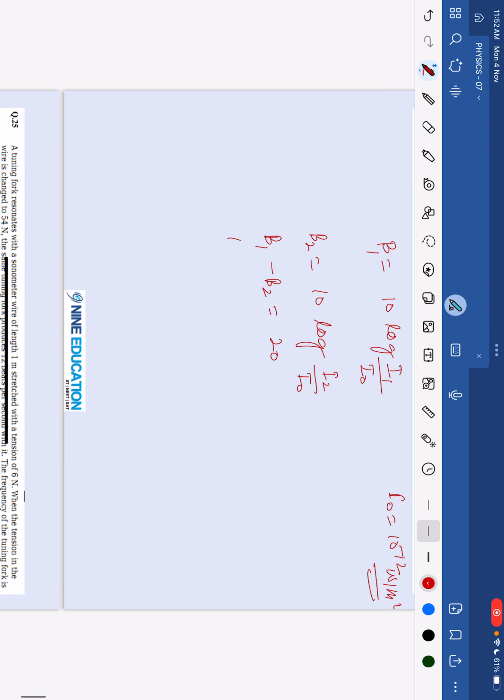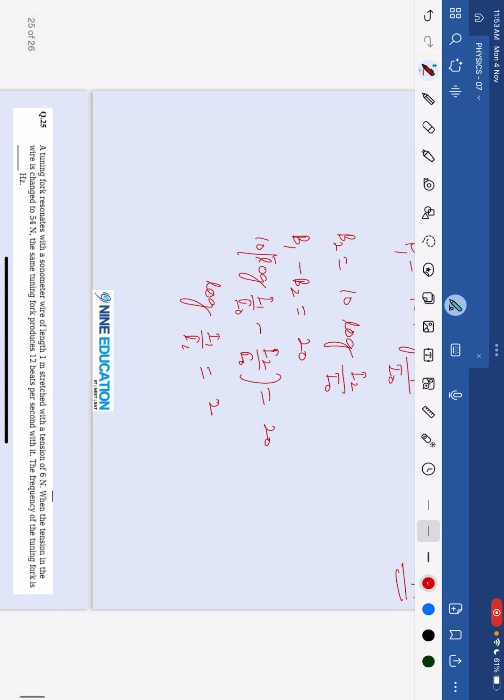So I am having here 10 log I1 by I naught minus log I2 by I naught. This will be 20. So can I write it as log I1 by I2, right? And it would be 2. So can I remove the log? It would be I1 by I2 equals 10 to the power 2, 100.